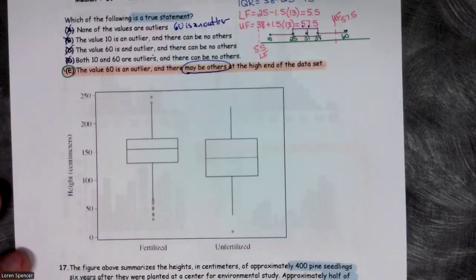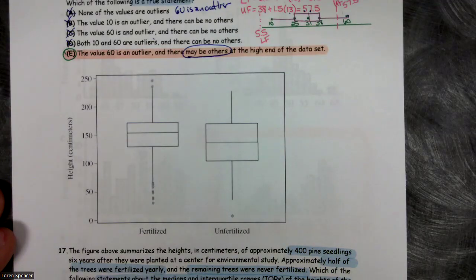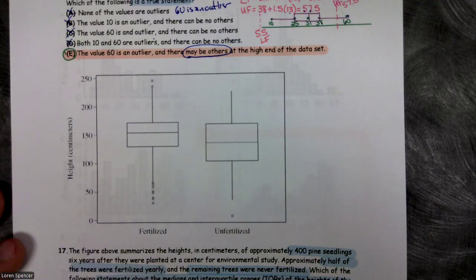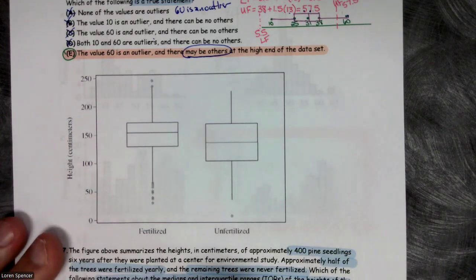Number 17. The figure above summarizes the heights in centimeters of approximately 400 pine seedlings 6 years after they were planted at a center of environmental study. Approximately half of the trees were fertilized yearly. The remaining trees were never fertilized. Which of the following statements about the medians and interquartile ranges of the heights of the two groups of trees is true?